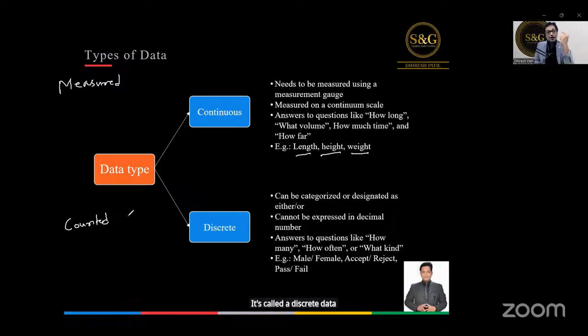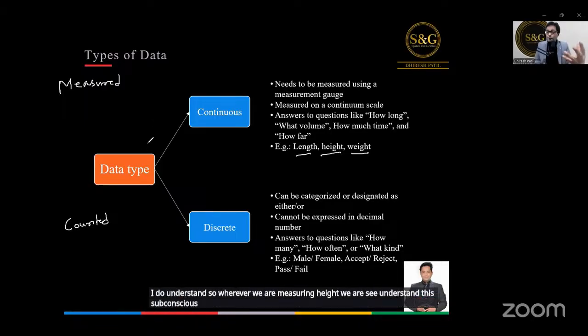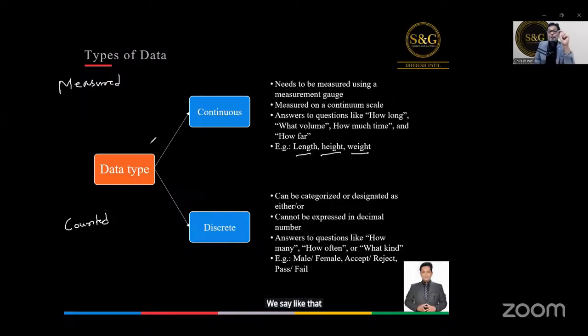So male, female, go, no go, accept, reject, pass, fail. All these are count data. Number of people, number of days, number of hours can be discrete data. Are you understanding? Subconsciously also, we say, go and measure the height, go and measure the weight.